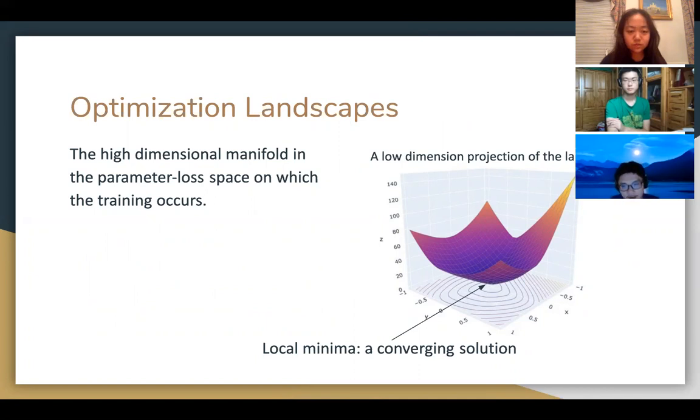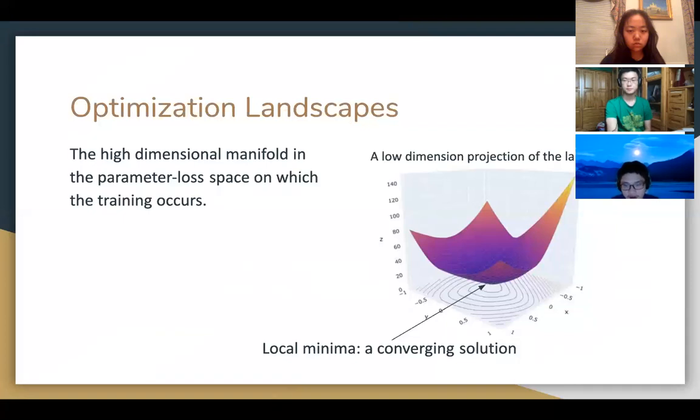In order to assess the performance of neural networks, one thing that people commonly do is analyze or visualize, in our case, the optimization landscape.